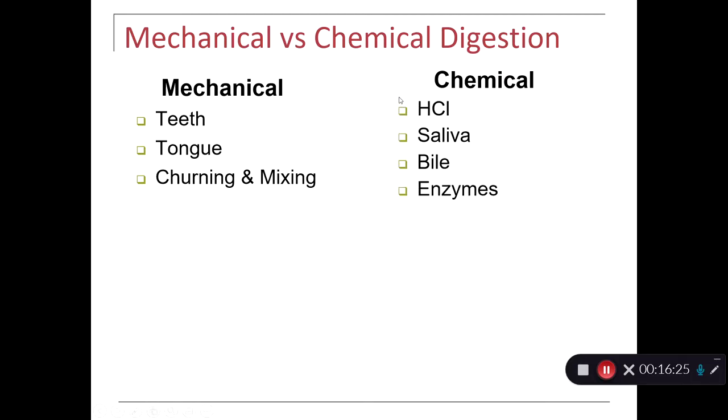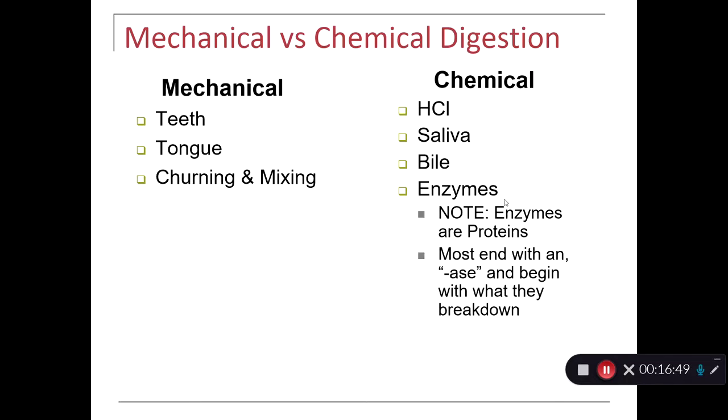Chemical digestion would be, for instance, hydrochloric acid, your saliva, mucus in the large intestine, small intestine. You got bile made from your liver, enzymes. And what enzymes are, I need to really point out really quick because it's actually really important for you. It's very helpful for you to know these little tips and tricks really quick.